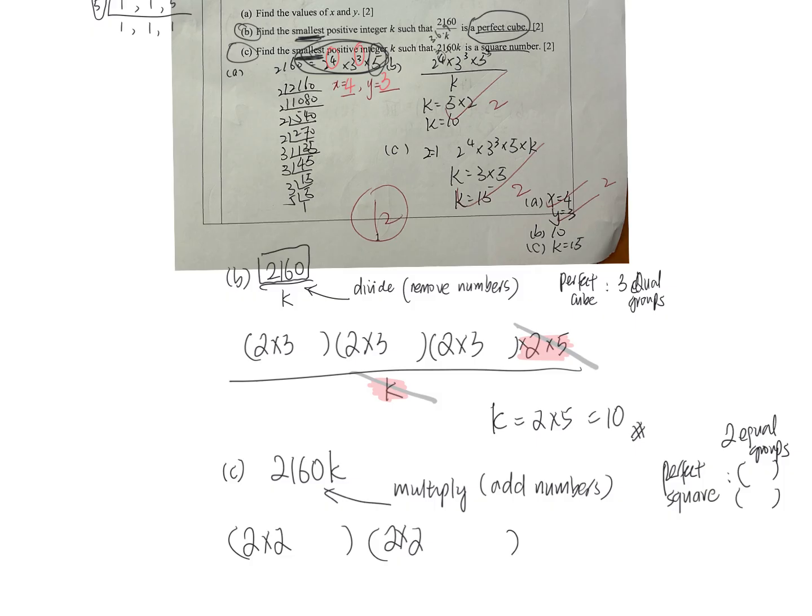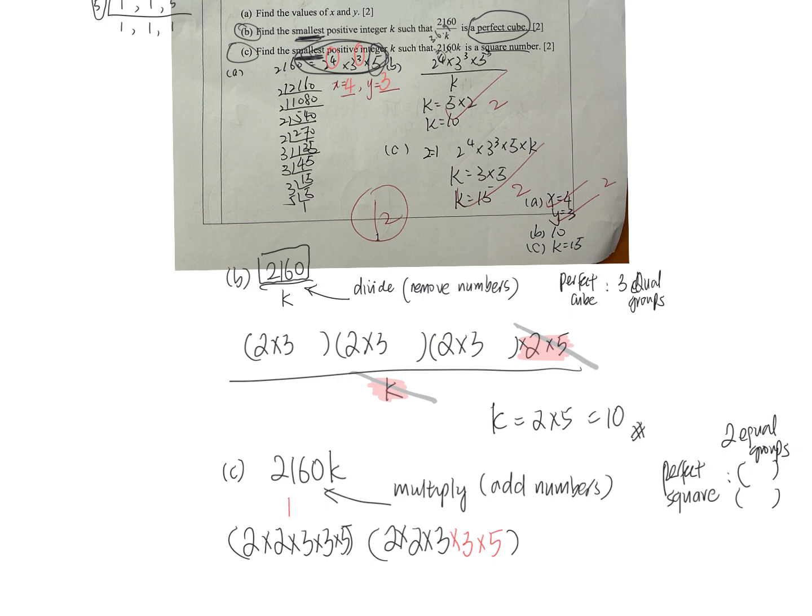I have 3 3's. So 1 goes here, 1 goes here, 1 goes here, and then I'm short of 1. So most likely, I need to add in a 3. Okay? Then last one is I only have 1 5. So likelihood, I need to add in another 5.